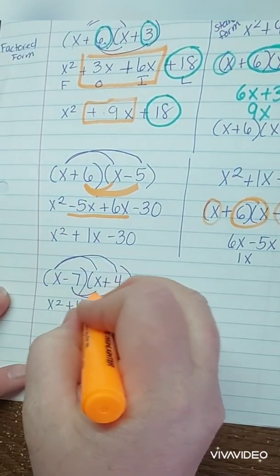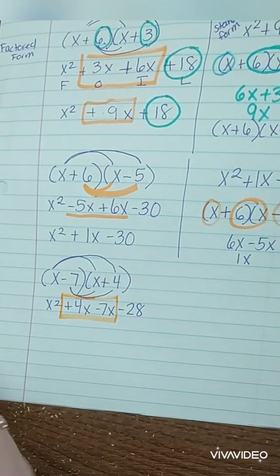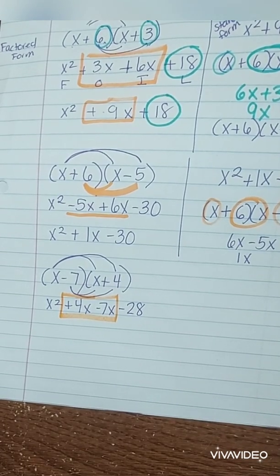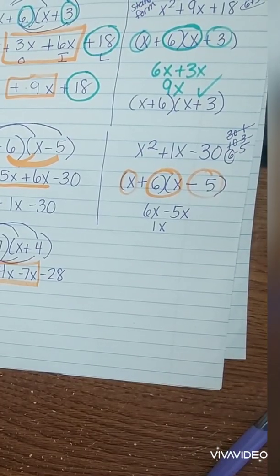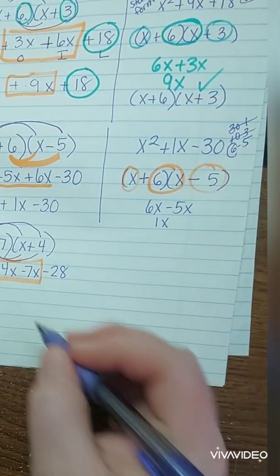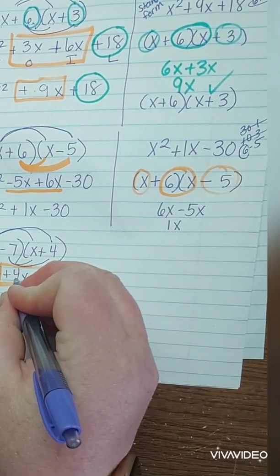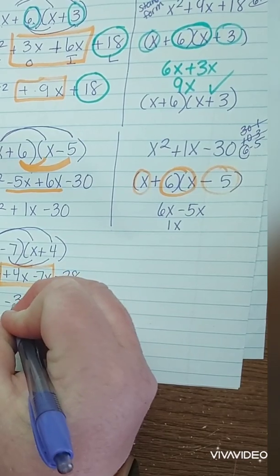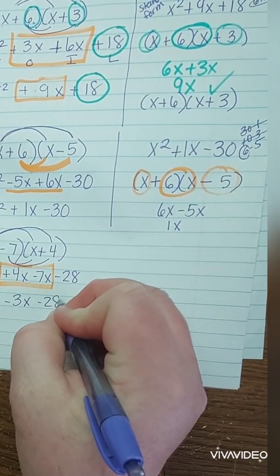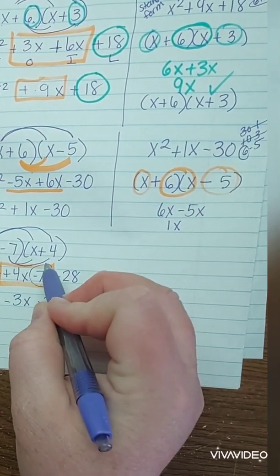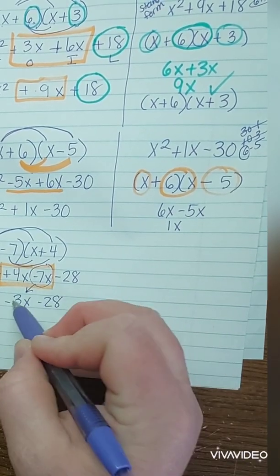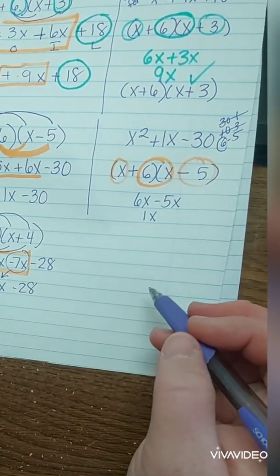All right, so let's see what happens here. When we add these, positive 4 and -7 gives me -3x minus 28. So you'll notice the bigger number went with the negative, which gave us a negative here.